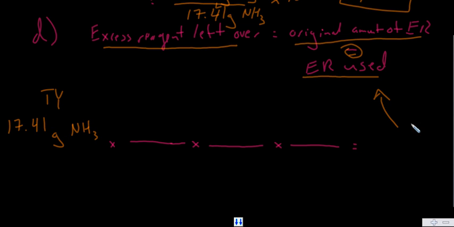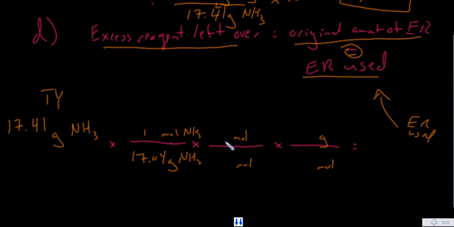From that, we can get the excess reagent used. So again, we go from grams into moles, and moles into moles of another, and then moles into grams. Going from NH3 into moles of NH3, and then from moles of NH3 into moles of our excess reagent, which you'll recall was H2. And from the balanced chemical equation, we know that the numbers here are 3 in front of the H2 and 2 in front of the NH3.